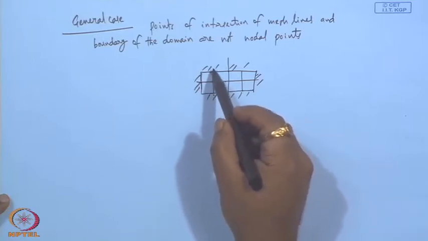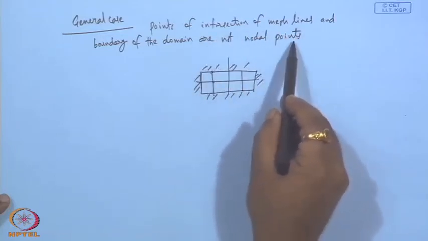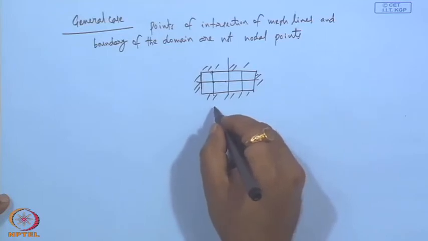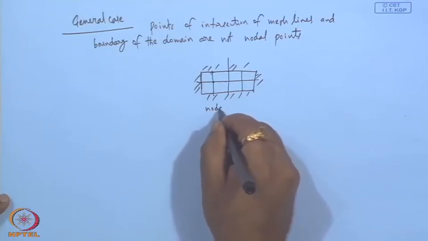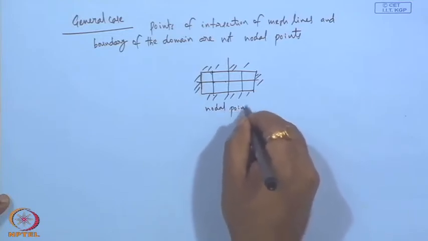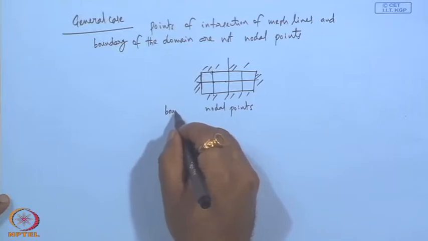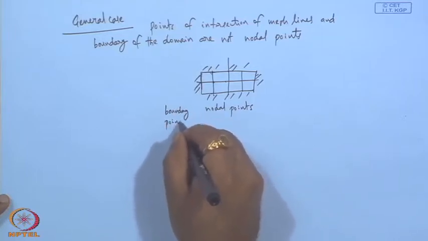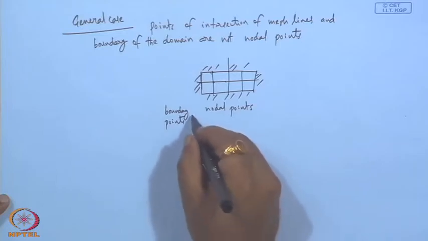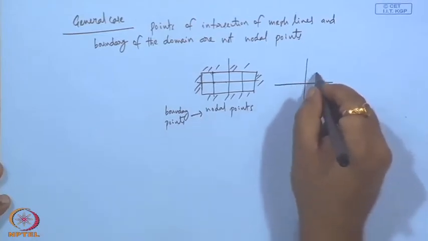So, points of intersection of mesh lines and the boundary of the domain are not nodal points. In this case, these are nodal points. Which are nodal points? Boundary points are also nodal points.